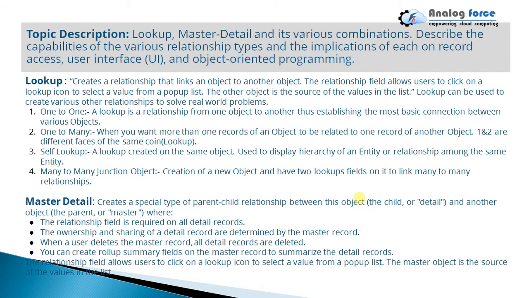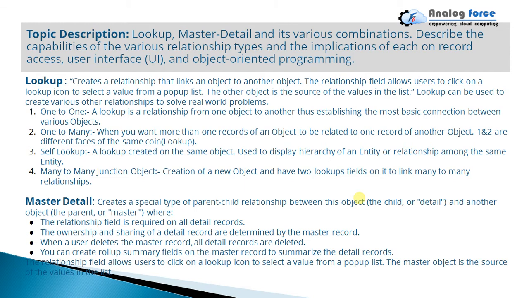Like an opportunity is always going to have one account as a lookup in it. But if we look from the angle of the other object which we have taken as a lookup, it will appear as one-to-many. Like an account is going to have many opportunities.